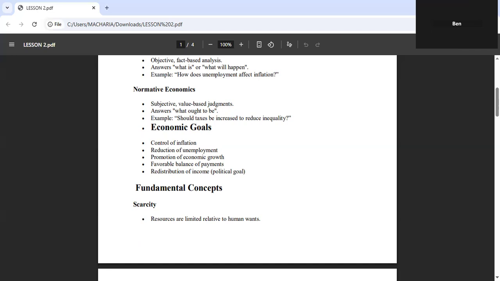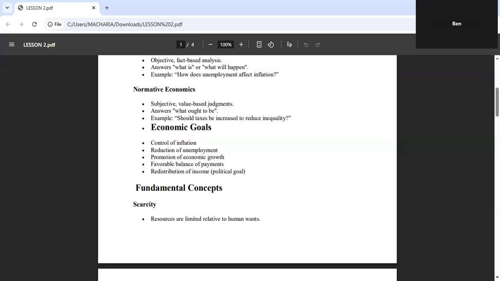One, control inflation. When there is economic growth, it means the people have purchasing power. The circulation of money is under control. People are able to buy goods which are within their ability. So the economic goal here is to control inflation.